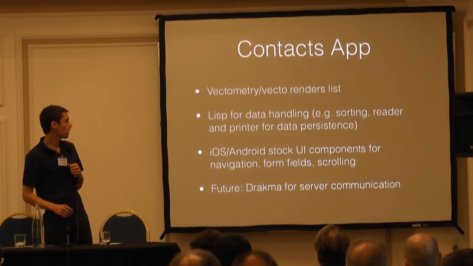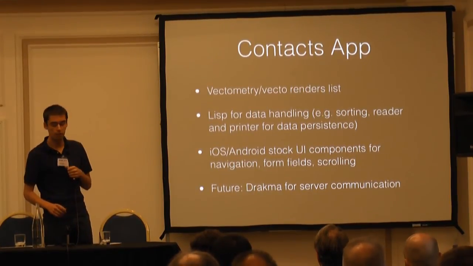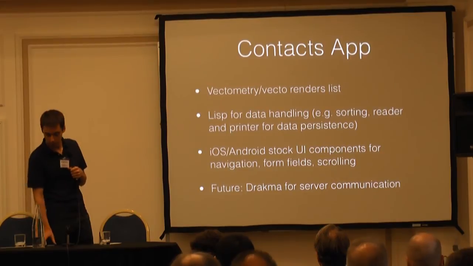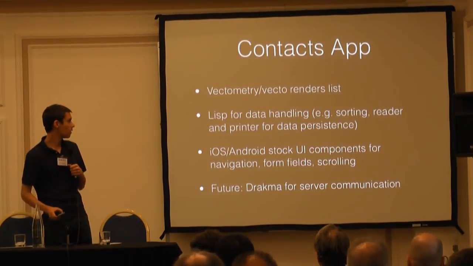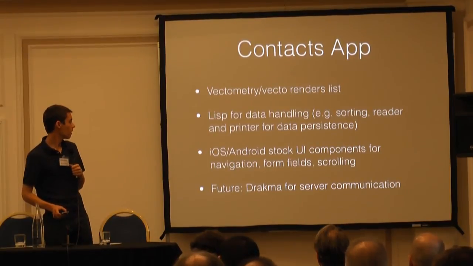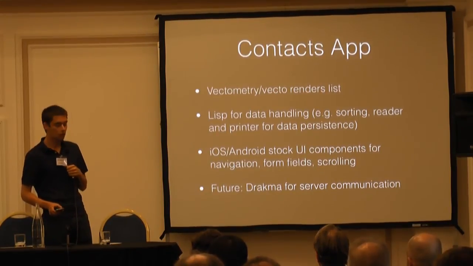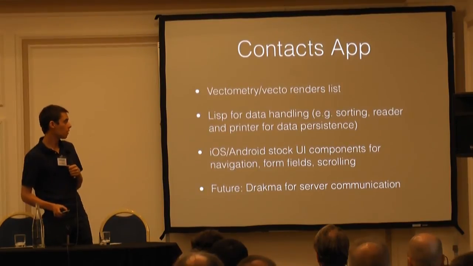On the data side, it's just simple Lisp calls to, say, sort the list, or I save it to a Lisp file, serialized out with the Lisp printer or the Lisp reader. The user interface stuff itself is the stock platform components. So navigation, form fields, and scrolling, that's all iOS or Android.